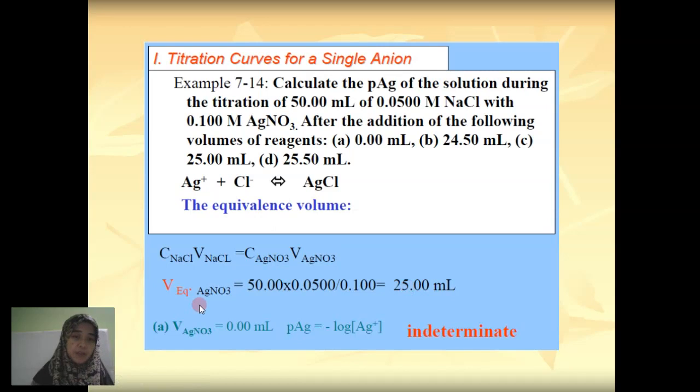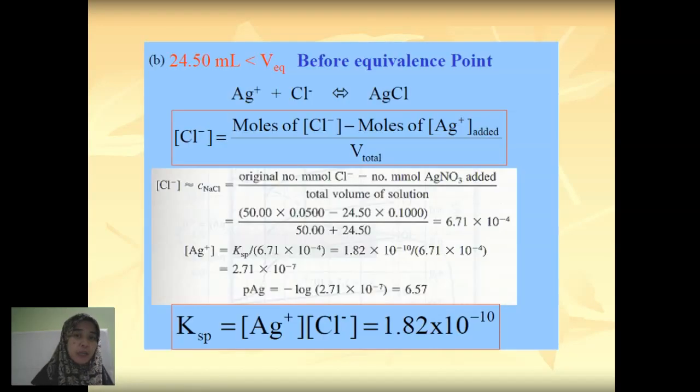Before the titration started, where the titrant is 0, the pAg is indeterminate. Next, before the equivalent point, the Ksp for silver chloride is 1.82 times 10 to the power of negative 10.